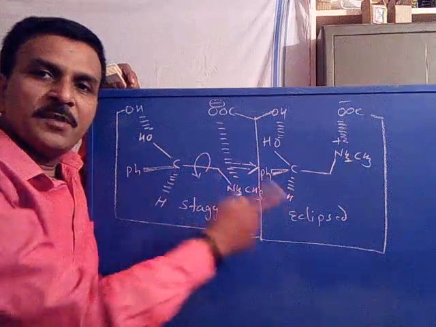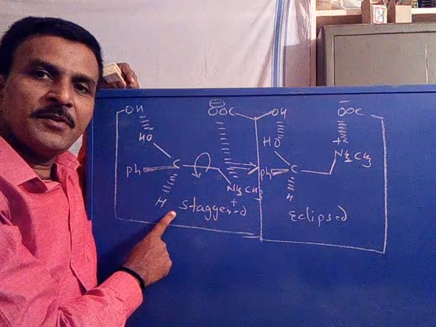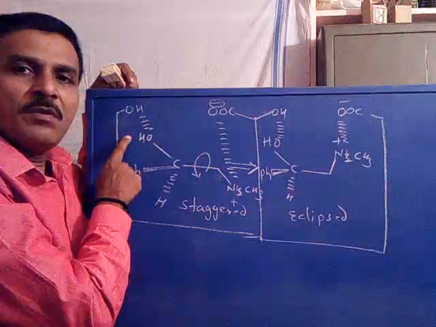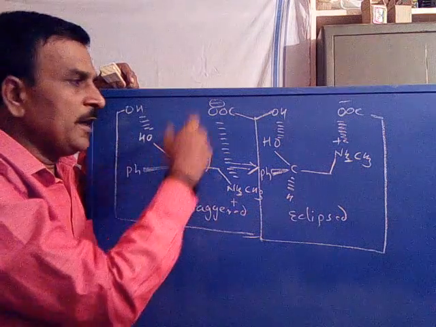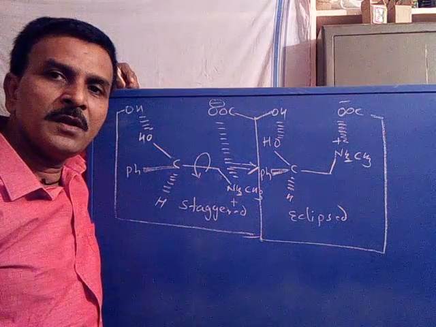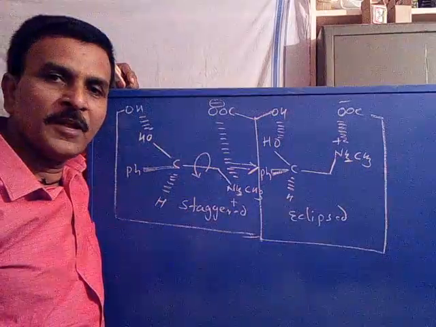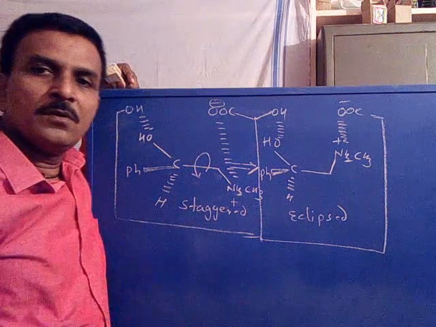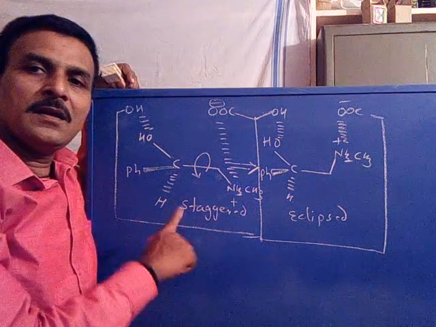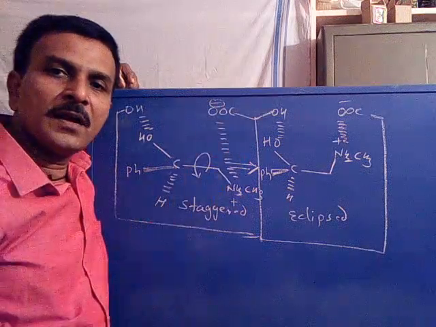Now of both the conformations, the staggered conformation involves one hydrogen bonding and one ionic bonding. Eclipsed also involves one ionic and one hydrogen bonding. So because of two conformations, it can interact with more than one target.